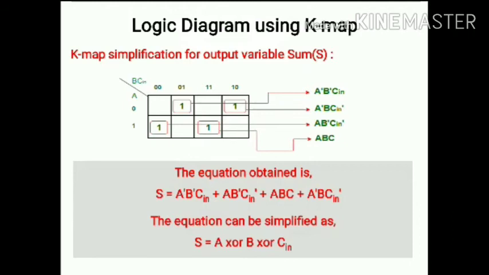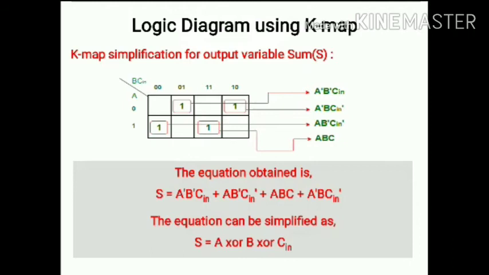The min term is 0, 1, 0, that is A bar, B, C in bar. In the second row, first column is marked as A, B bar, C in bar. And the second row, third column is 1, 1, 1. The min term is A, B, C in. Likewise, the values are marked in the K-map table using the truth table.